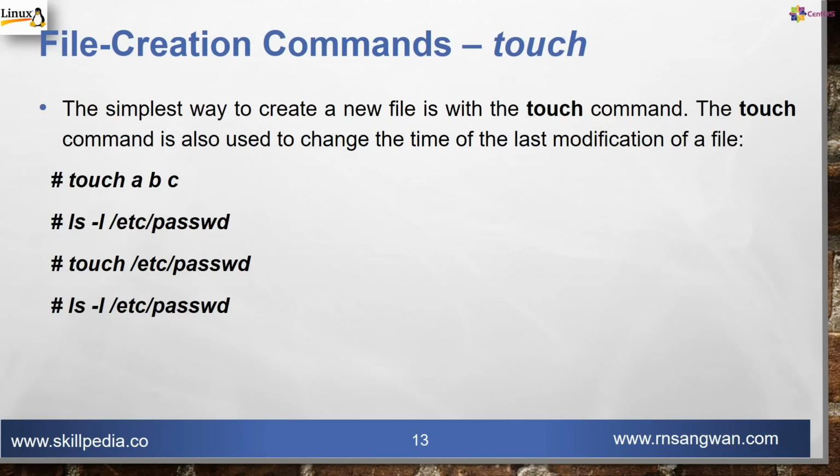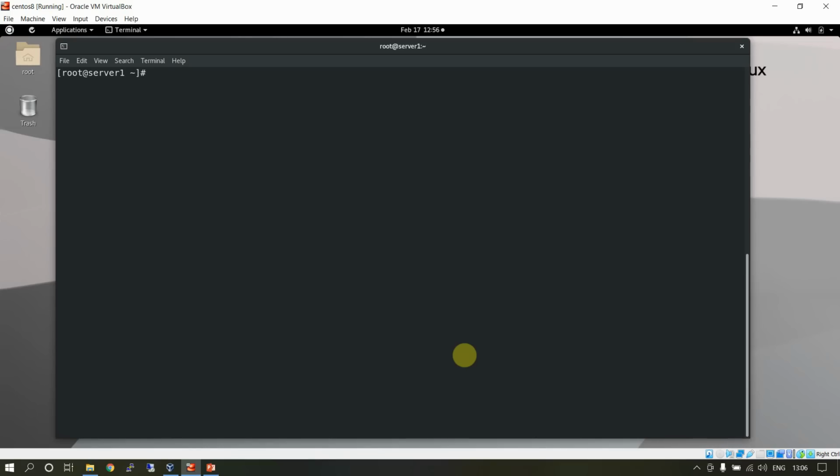Let me demonstrate the touch command with an example. So I am typing touch file, within curly braces I type a, comma, b, comma, c, and another file, curly braces, 1, ab comma ac comma bc.